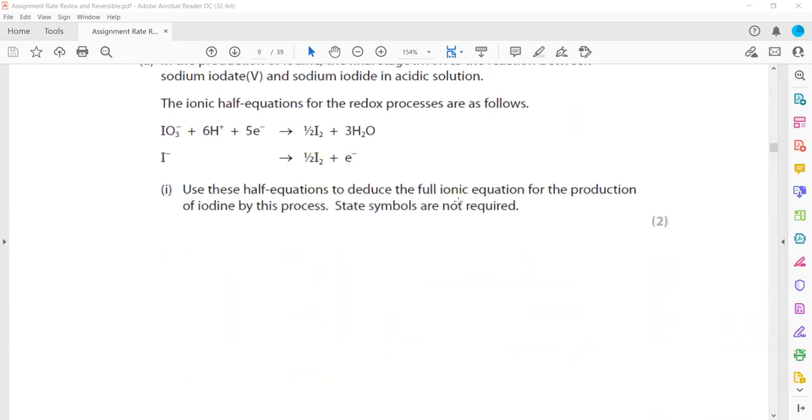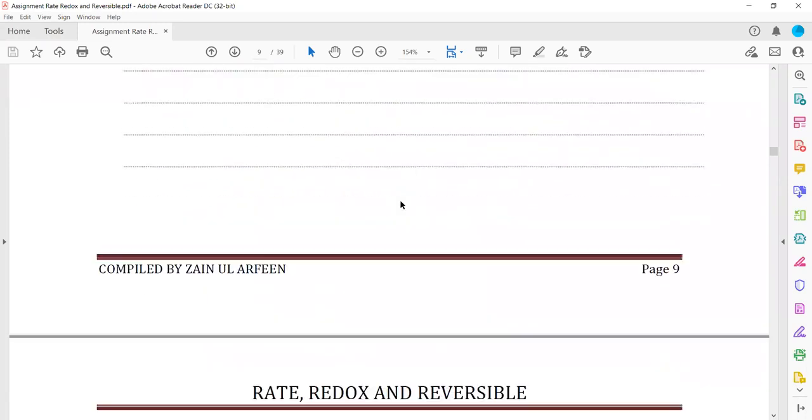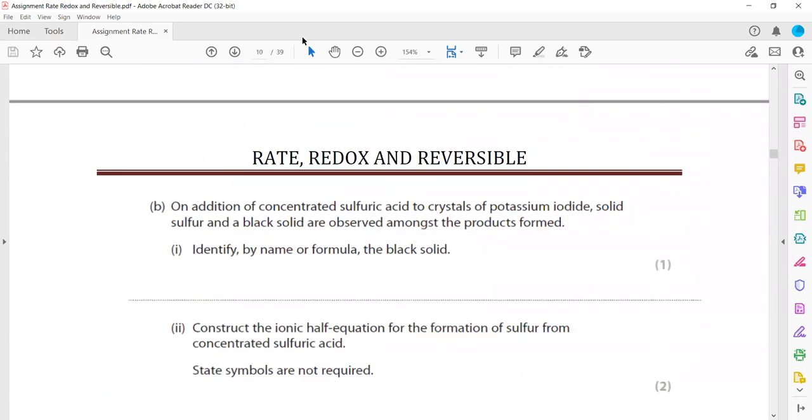Here as a result, iodide is turned into an iodine molecule. So when iodide turned into an iodine molecule, this black solid is basically the iodine molecule. So that is iodine.